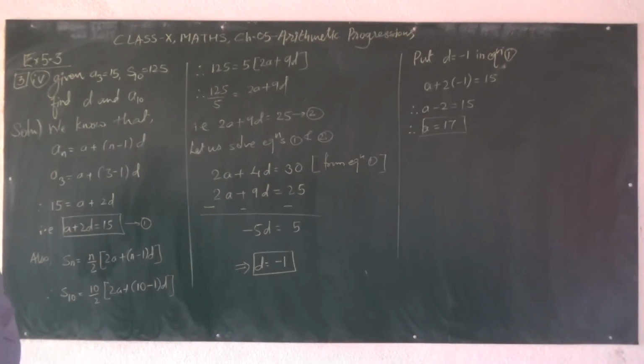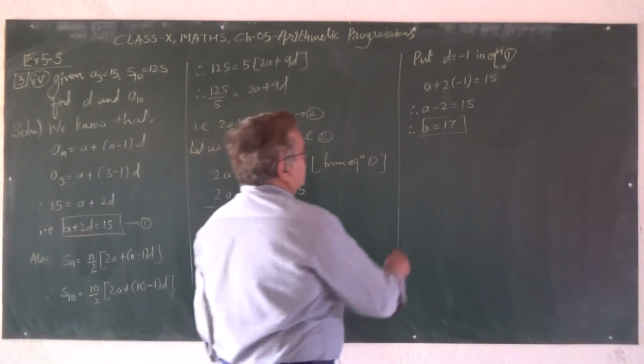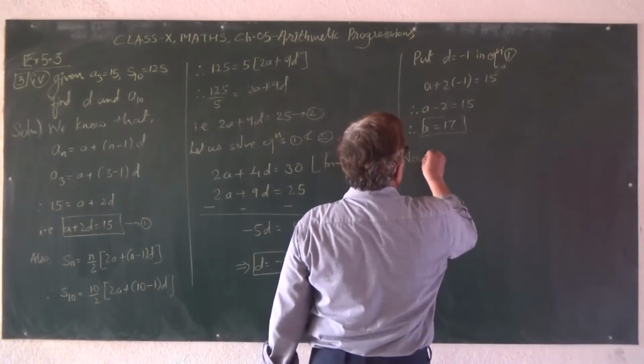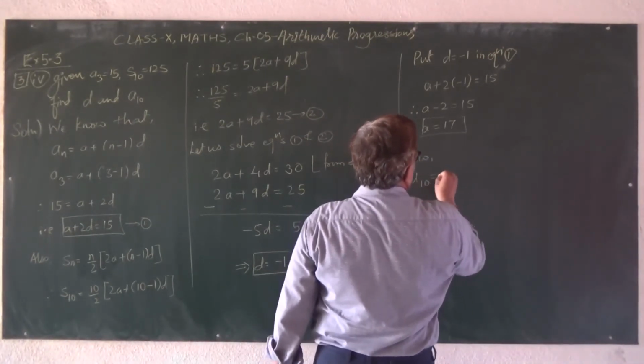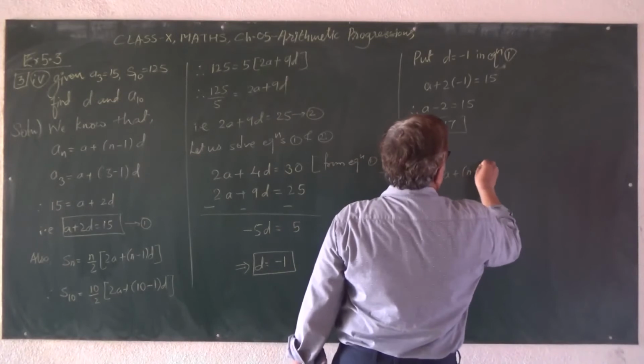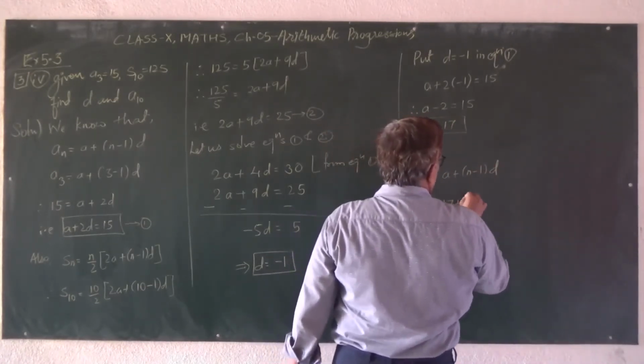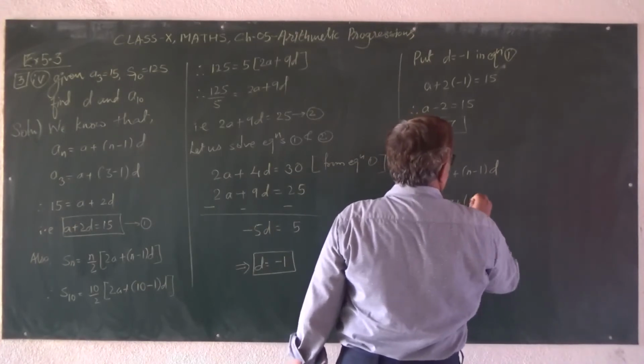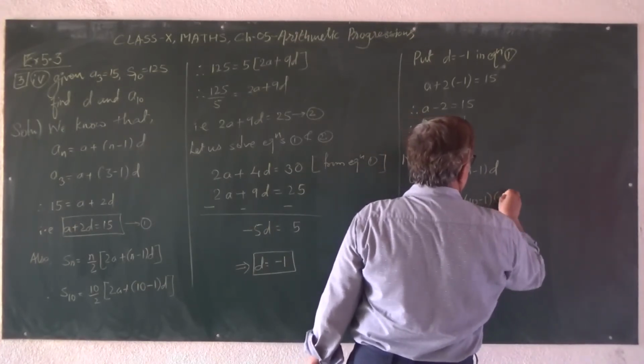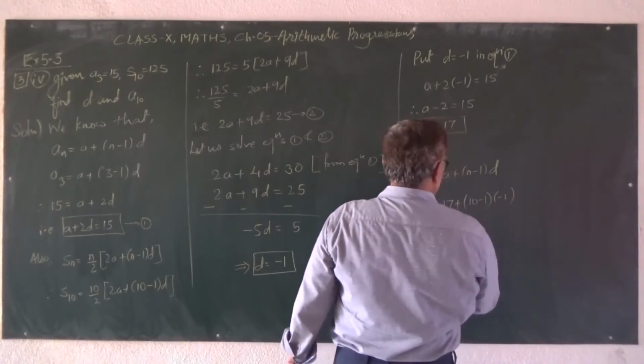Now you want to calculate the 10th term. An is equal to A plus n minus 1 into D. So A is 17. So this is the 10th term: 10 minus 1 into D, D is minus 1.